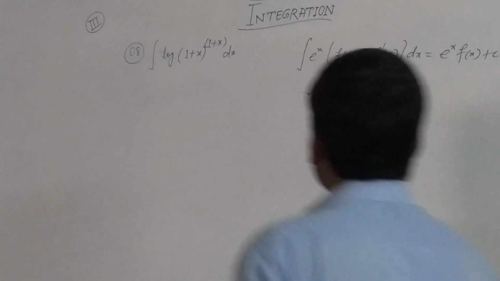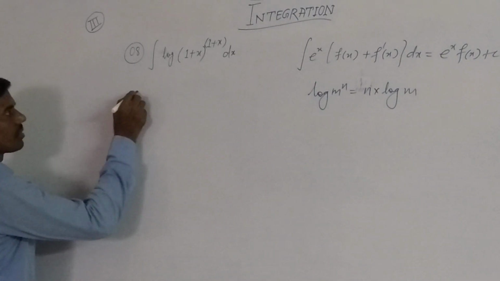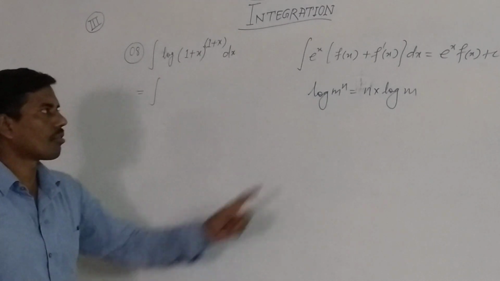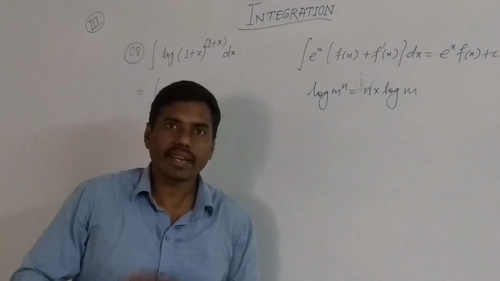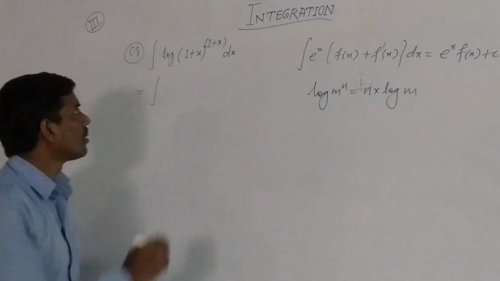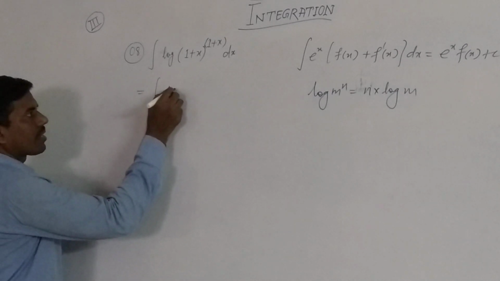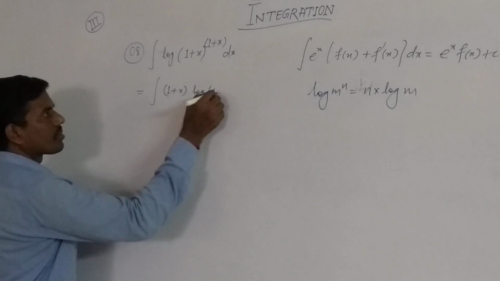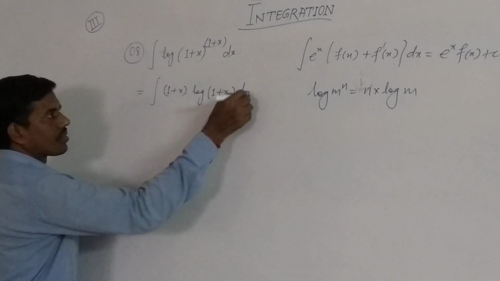So we can write this as log of m to the power n is equal to n into log of m, that is, n means 1 plus x, into log of 1 plus x dx.